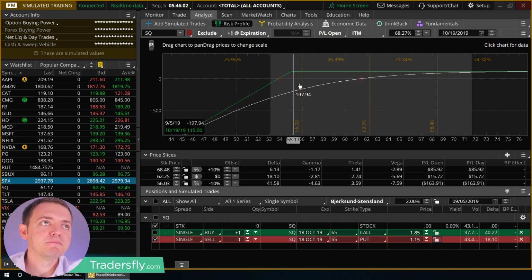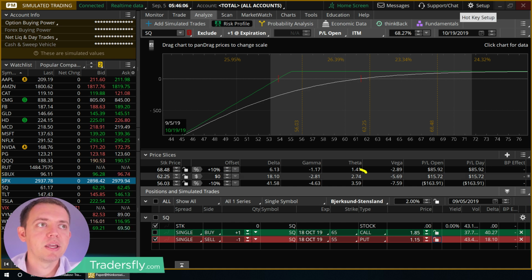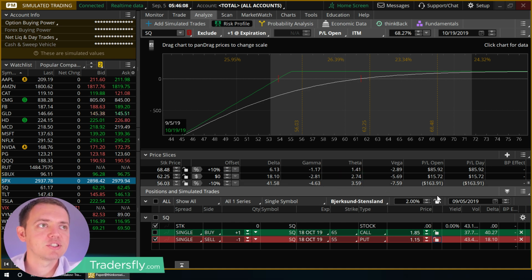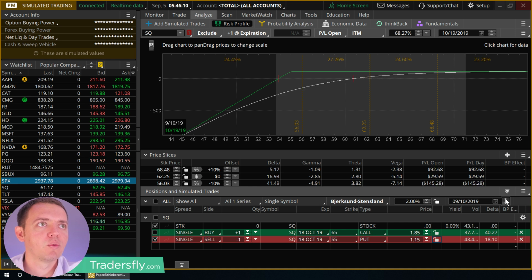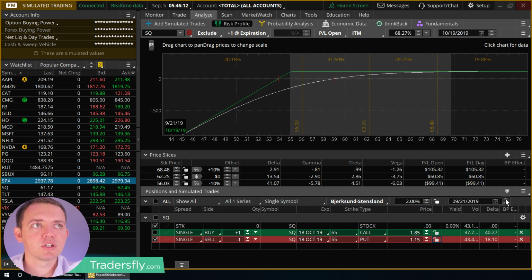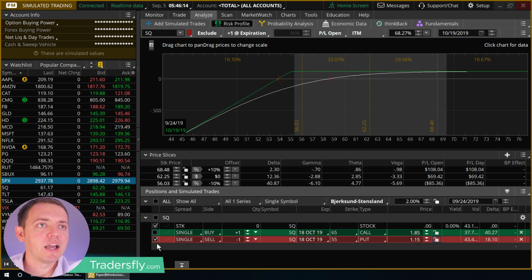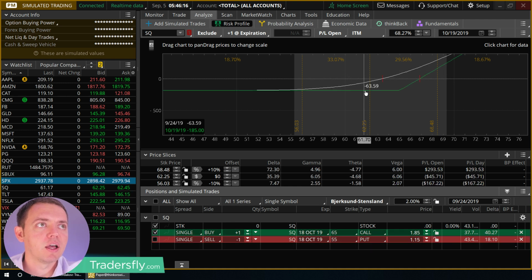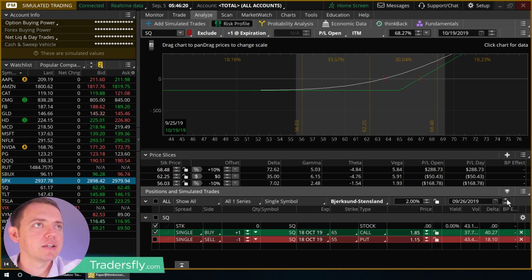Now, remember that the white line is today, and with time now you're making positive theta. So as I go ahead and move the days forward, that white line gets closer and closer and closer to the green line.